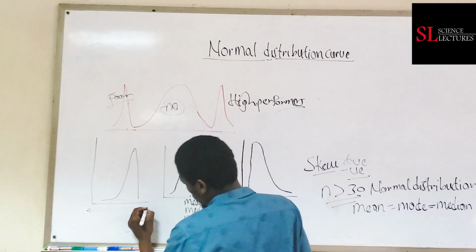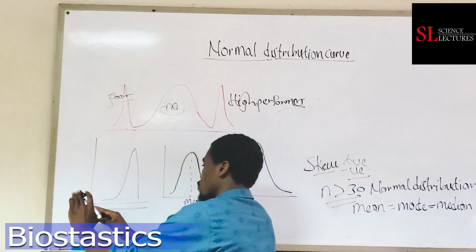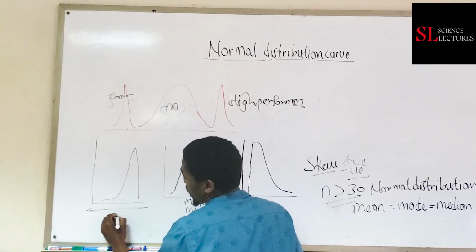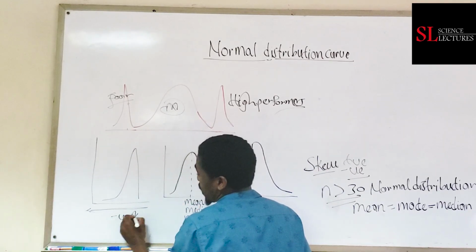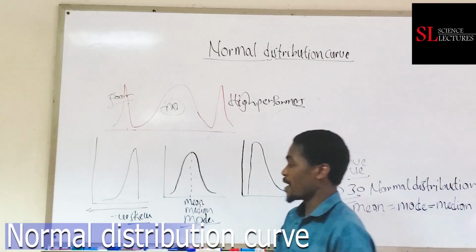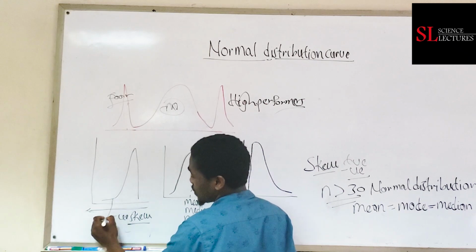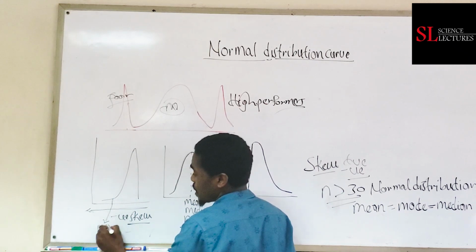If the data are skewed and they are moving towards the negative direction, this is a negative skew. It's a little confusing, but to make it more clear, in a negative skew, let's imagine this is our mean.